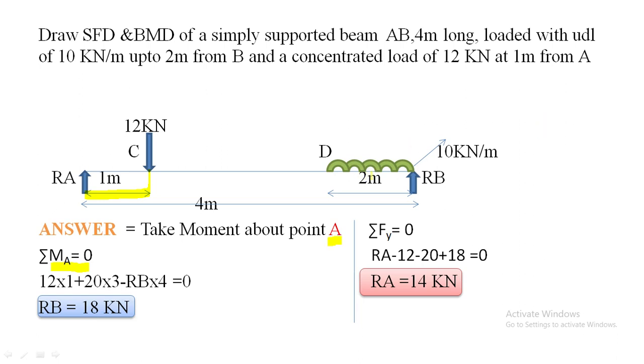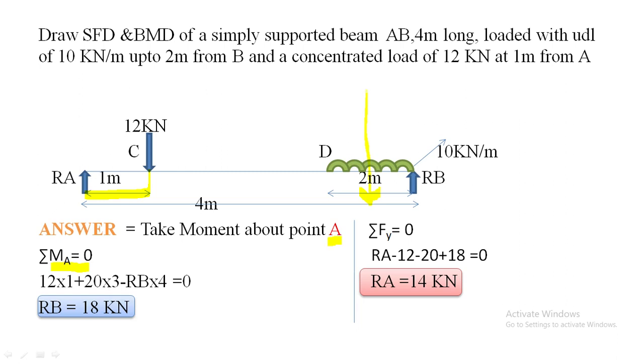UDL. First convert that UDL into point load, and this is drawn at the center of that UDL. Suppose there is a 2 meter distance of the UDL, then this point load is drawn at 1 meter distance, at the center of that UDL.